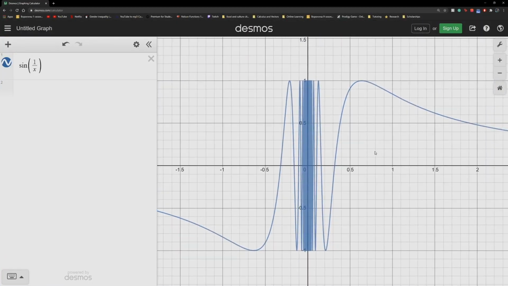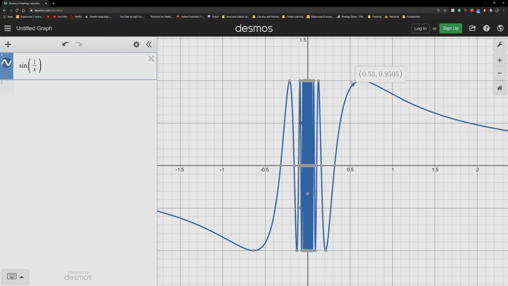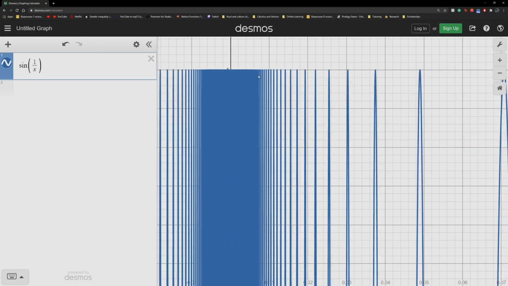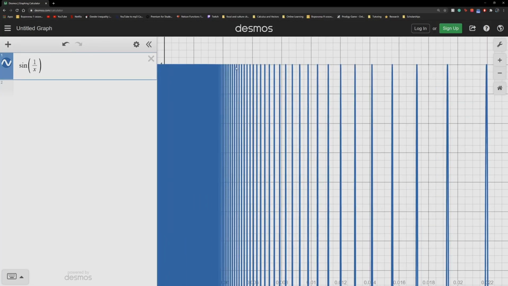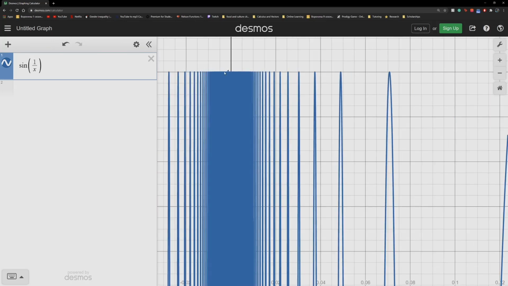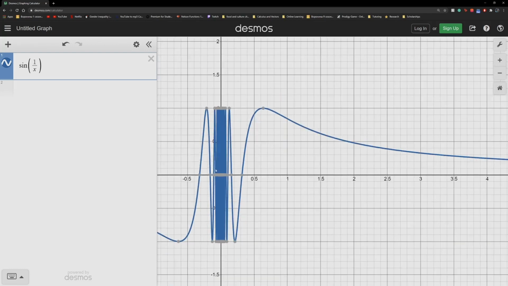Here is the graph. As you can see over here, it's kind of making sense, but then as we get very close, you could see the graph itself is freaking out, because what's actually happening is that the values of y become super close together, but they also are jumping from 1 to -1 within like a fraction of a thousandth of x, right?